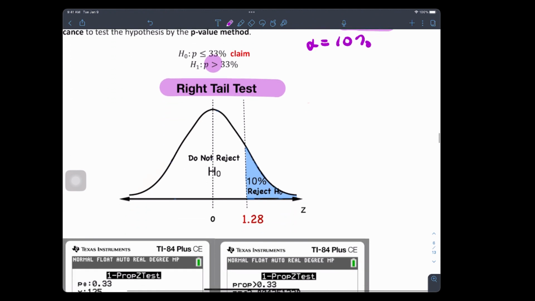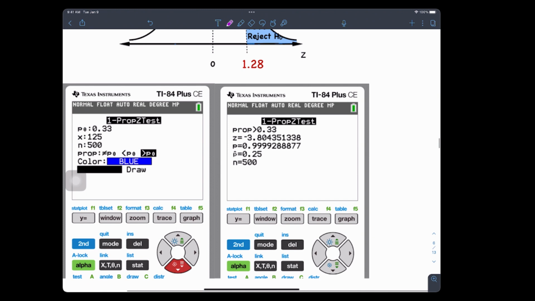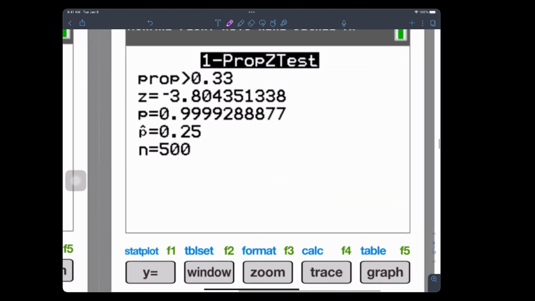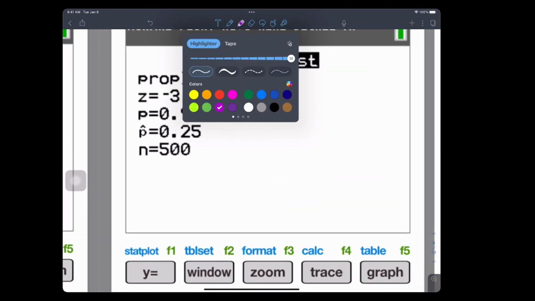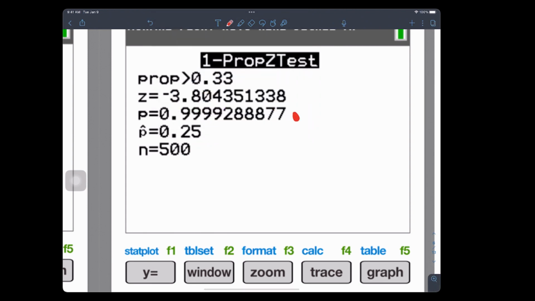All right. So when you punch this in the calculator, like you were doing, one proportion z-test, which number is the p-value? It's the third line. What's the p-value approximately again? 1. If we go to the nearest tenths.